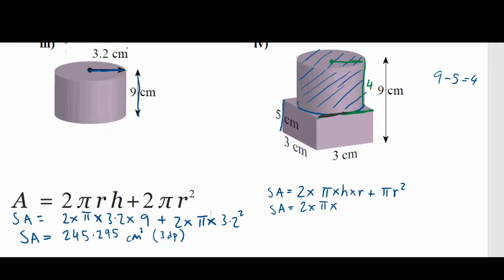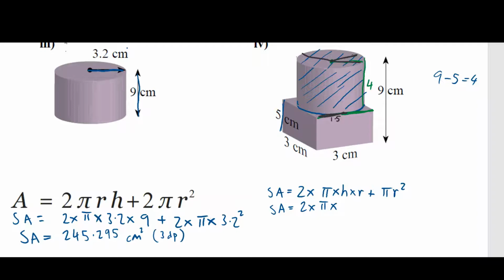Remember, that's your radius, but this is also your radius too. Your radius runs from right in the middle to the edge. So all those 3 lengths are the same. Okay, so we look and we can see that if that whole thing's 3, this bit is 1.5.